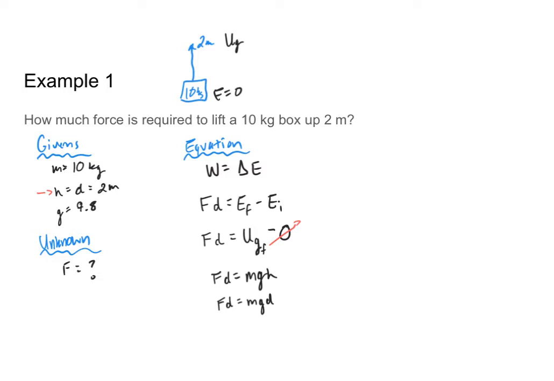So let's go ahead and now move towards subbing and solving. Force times displacement is equal to mass times gravity times displacement. So my displacements will cancel, and the force required is just mg, or 10 times 9.8, or 98 newtons.